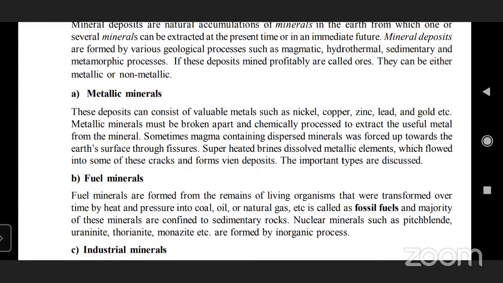So the metallic minerals are the ore minerals having metals. The metallic mineral deposits are the deposits consisting of valuable metals such as iron, copper, lead, zinc, gold, silver. These must be broken apart and chemically processed to extract the useful metal from the mineral.